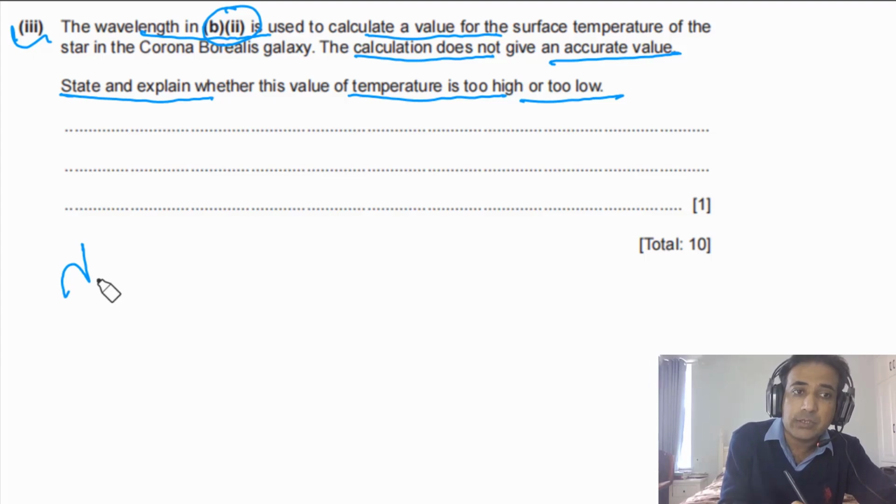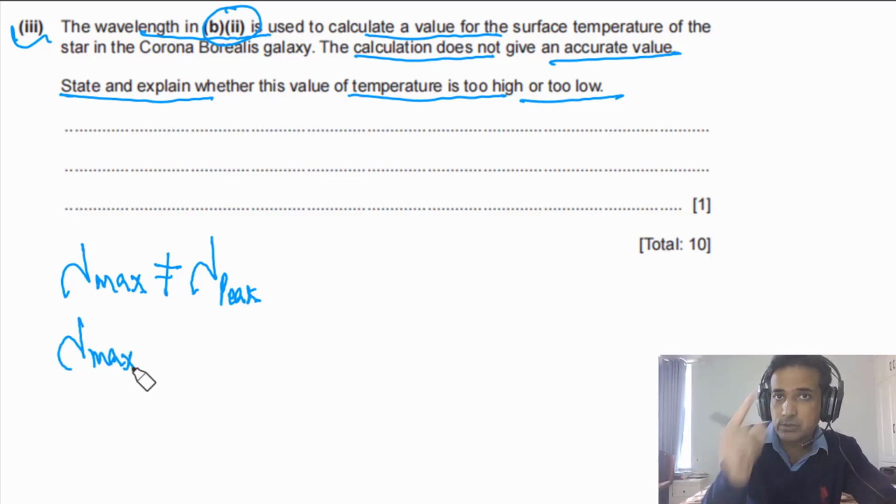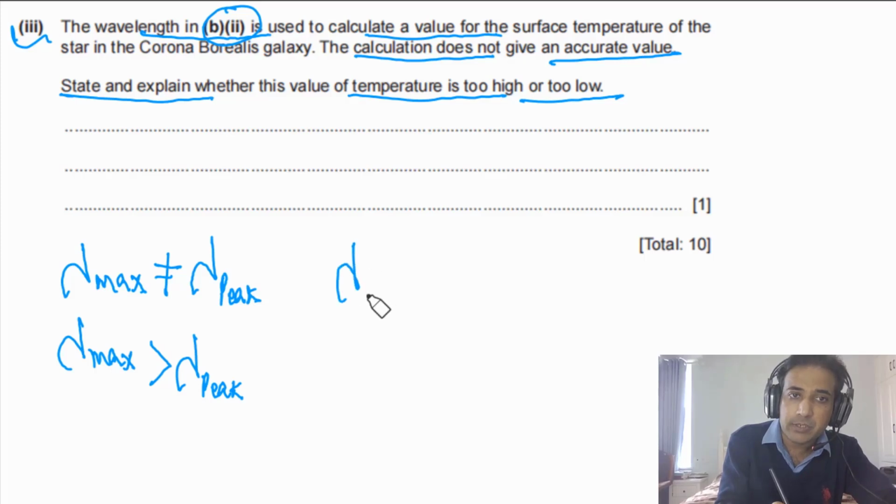That value is the maximum value, and that maximum value actually is not the peak value. So we can say it's not equal to the lambda peak of the intensity against lambda curve. The lambda max we calculated in the last part is greater than the actual value of lambda peak, by Wien's displacement law.